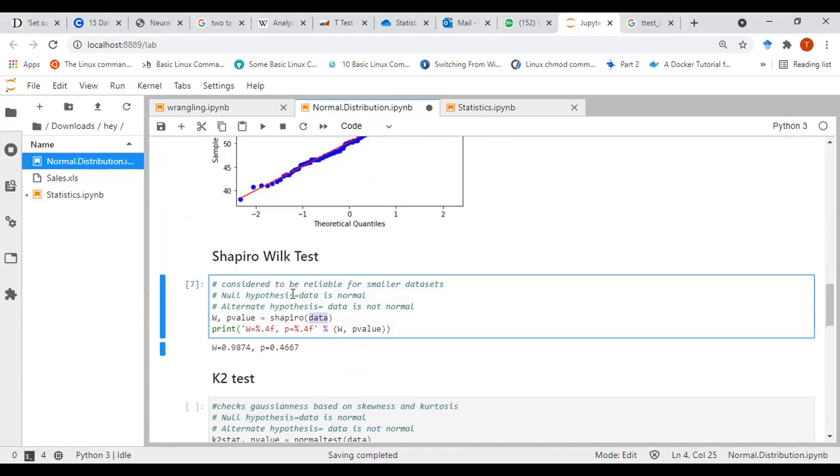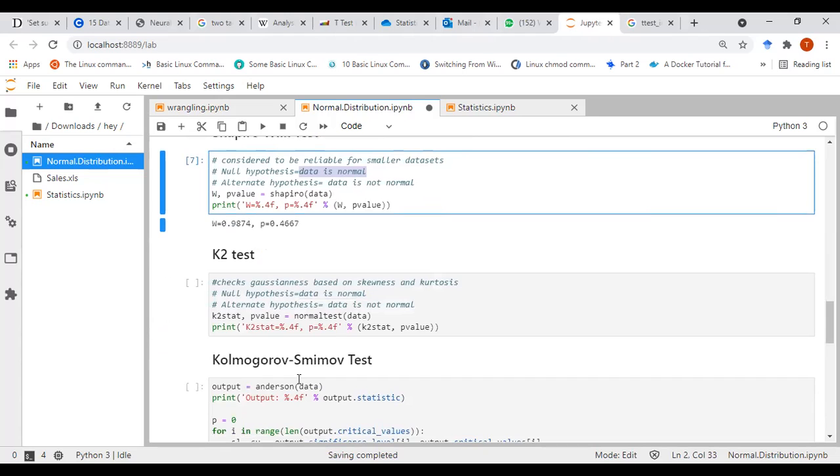So the null hypothesis is that the data is normal. As the p-value is around 50%, we do not reject the null hypothesis, which means the data is normal. And the alternate is that the data is not normal, okay?